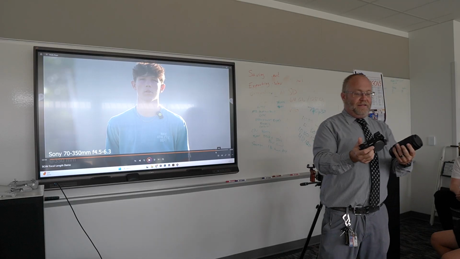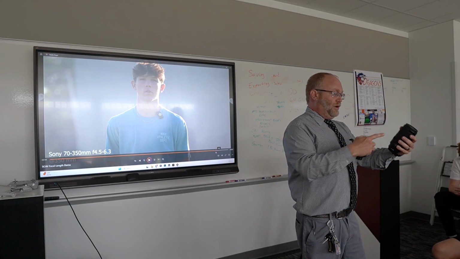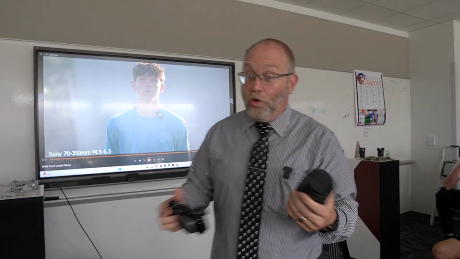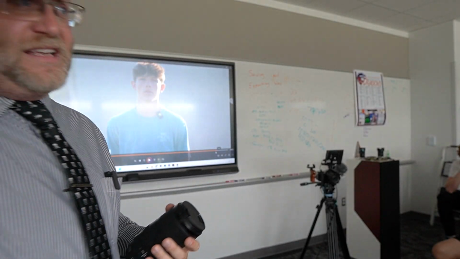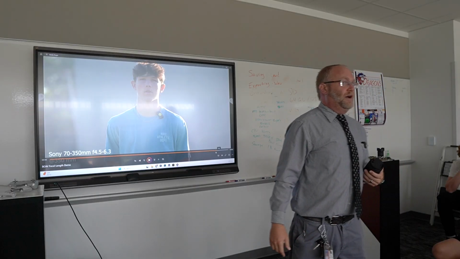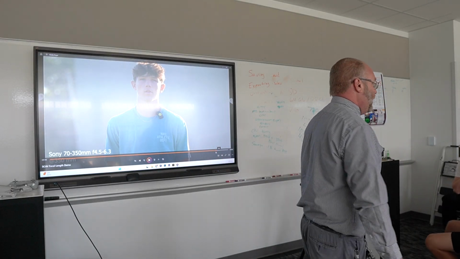Oh, a new camera body that can do fancier stuff comes out. Okay, great. But good lenses are always good. I've got a couple lenses back there that are 70 years old that still look amazing because they were amazing lenses then. They're still amazing lenses now.